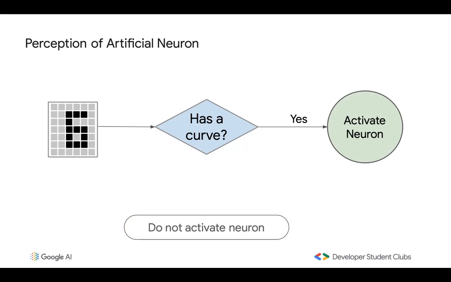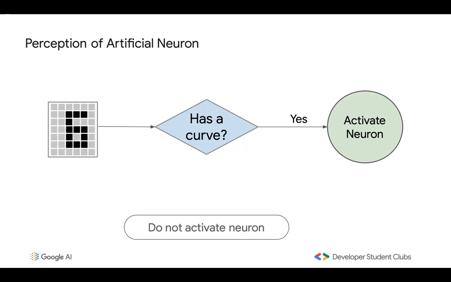However, this one is a scanned image of a 6. Now, in reality, the 6 will have a bit of curvature to it, but because they scanned this digital image onto the schematic, it doesn't look like it has a curve. But since the number 6 does have a curve on it, the input has a curve, so the neuron will get activated and pass on the information to the next neuron.